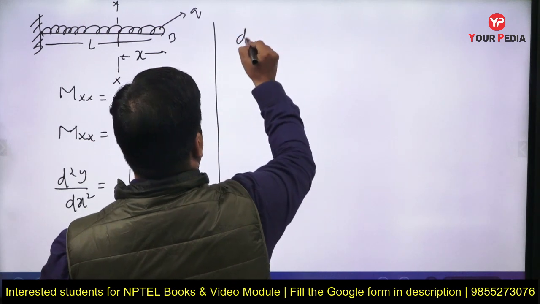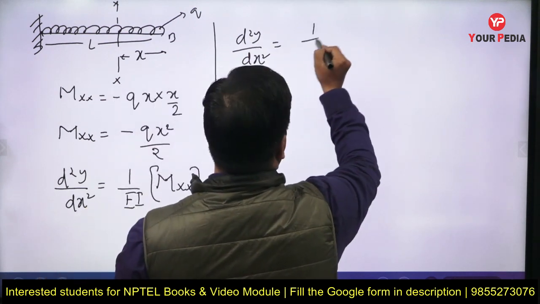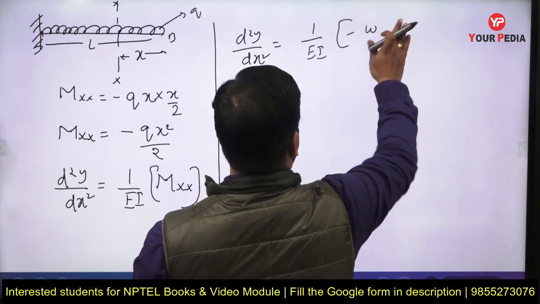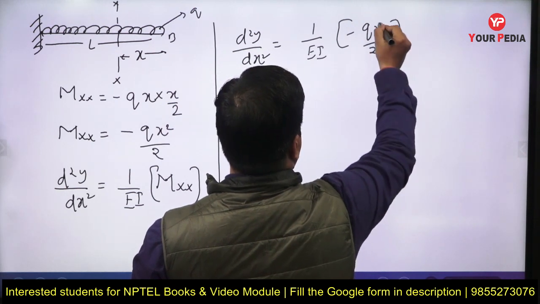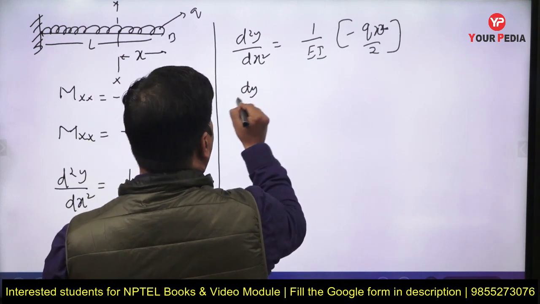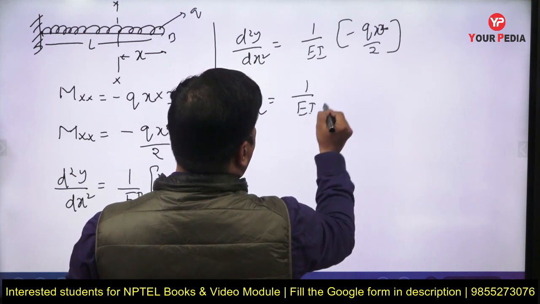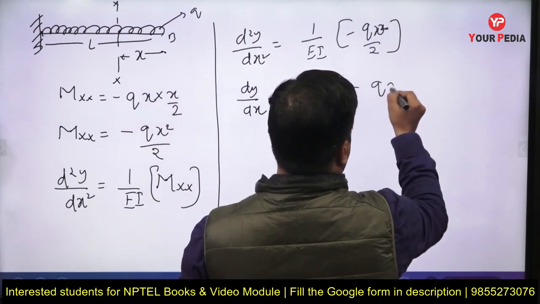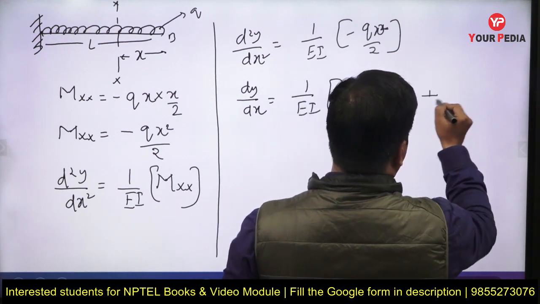Now d2y upon dx square equals 1 upon EI into minus q x square by 2. Let's integrate this. Integrating, we get dy by dx equals 1 upon EI into minus q x cube upon 6, plus c1.